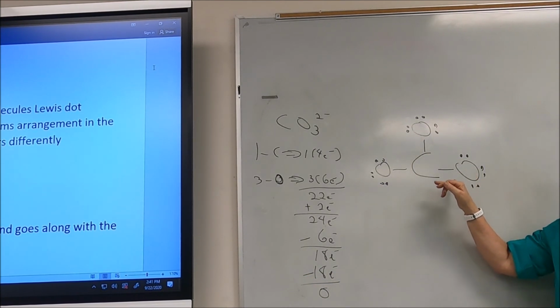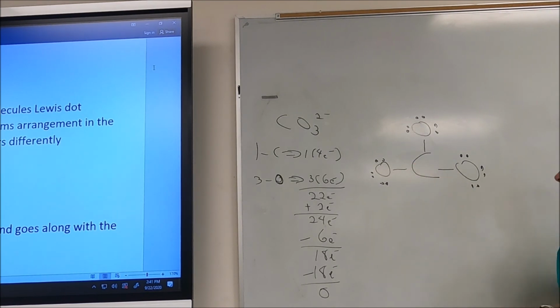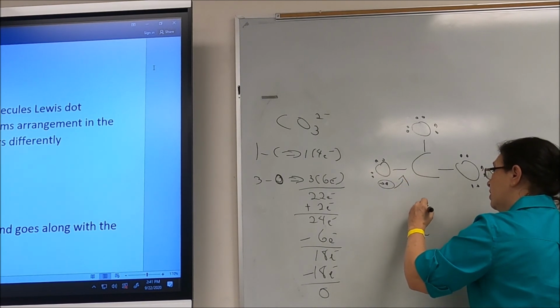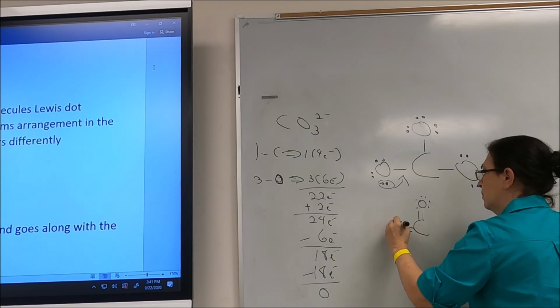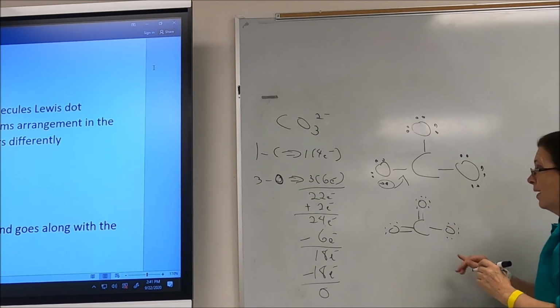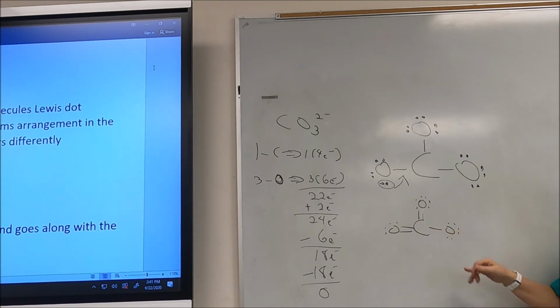Oxygens are all fine at 8. The carbon is sitting here at 6. So I need to make a double bond. Doesn't matter which one I do the double bond with. So I get something that looks like this. Now carbon sees 2, 4, 6, 8.